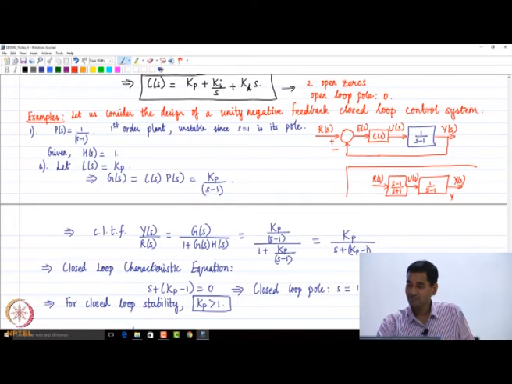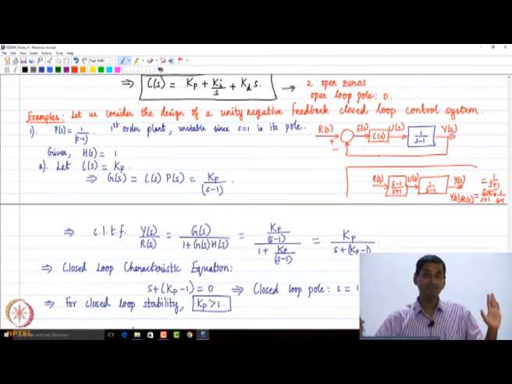So you have Y(s) by R(s) equal to s minus 1 divided by s plus 1 multiplied by 1 by s minus 1. The s minus 1 cancels, I get 1 by s plus 1, I am happy, isn't it?